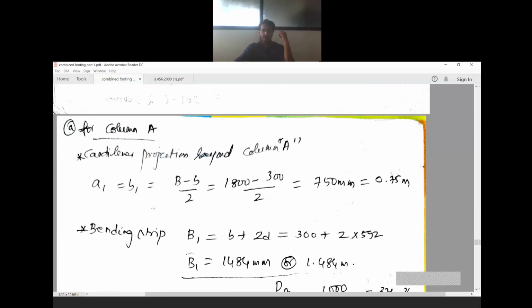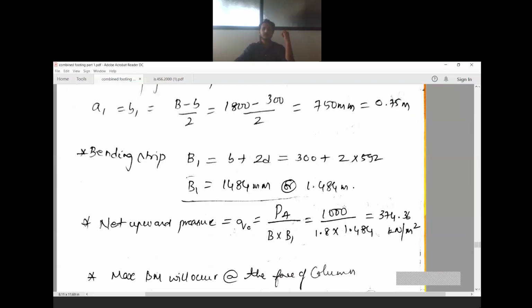That is what I have calculated here. A1 is equal to B1, which is B minus b by 2. Actually I have taken the data wrongly: 1800 minus 300 divided by 2. So 750 was the value, so 0.75 meter.